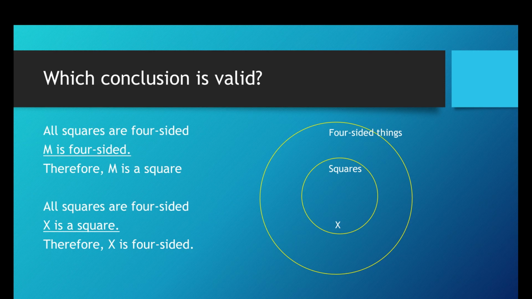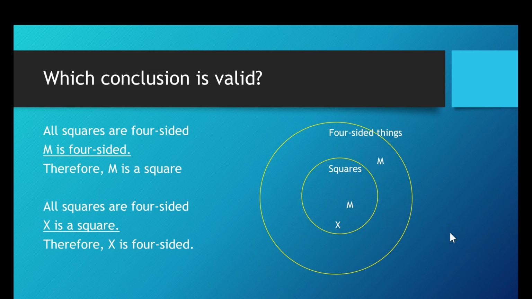X has to be there. X cannot be out here because that would make X not in the square's circle. How about M? M is in here or here because it just says M has to be four-sided. So M should be in all the places that there are inside of four-sided things.